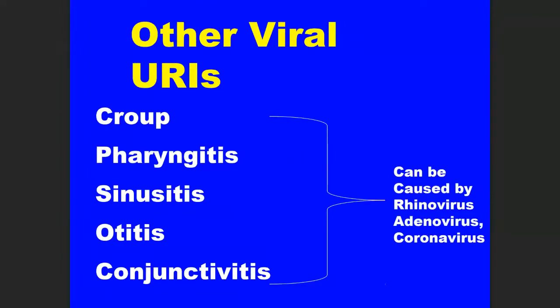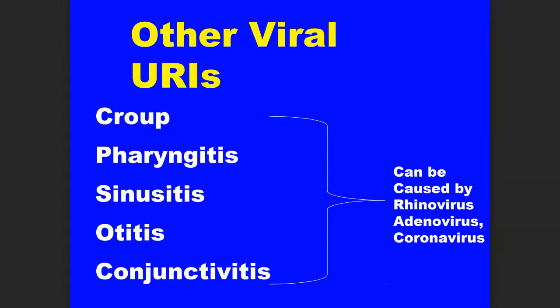Now, there are a lot of other viral diseases of the upper respiratory tract that we could talk about. But rather than spend a lot of time talking about these diseases individually, I just want to mention one thing: these diseases that you see here, croup, pharyngitis, sinusitis, otitis, conjunctivitis, can be caused by any virus, even though they do tend to have their most common causes.